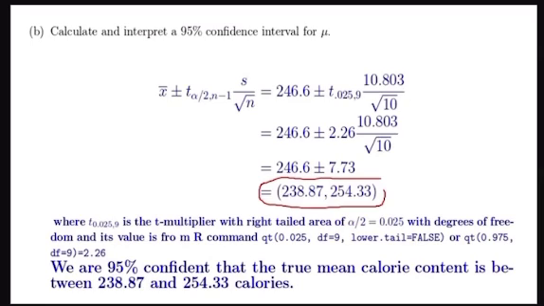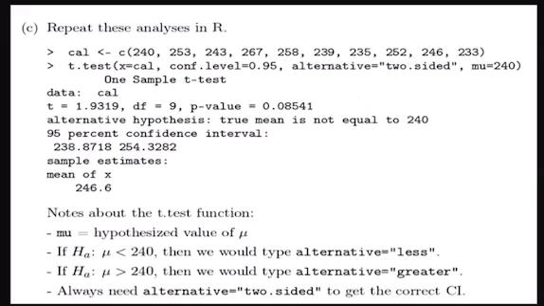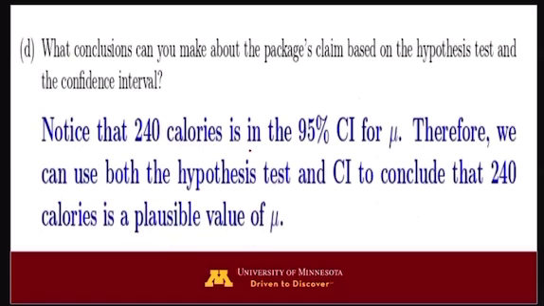And that was why I said something here. Take a look at this: what conclusion can you make about the packet claim based on the hypothesis test and the confidence interval? I said, notice that 240 calories is in the 95% confidence interval for mu. Therefore, we can use both the hypothesis test and the confidence interval to conclude that 240 calories is a plausible value for mu.